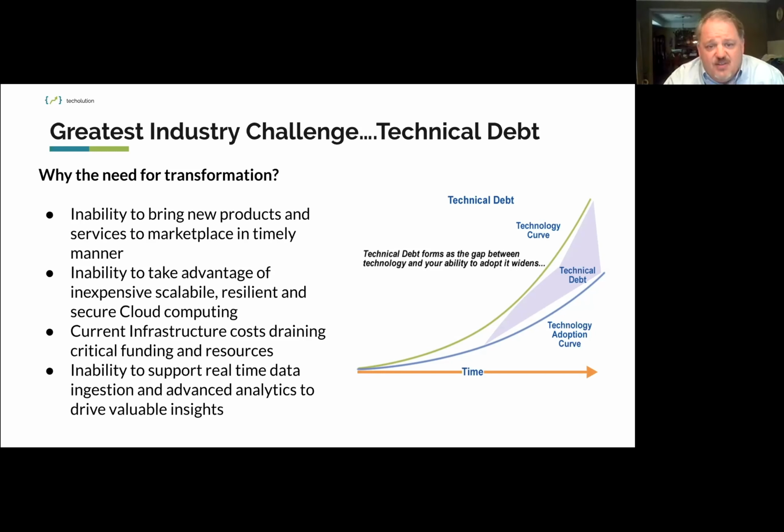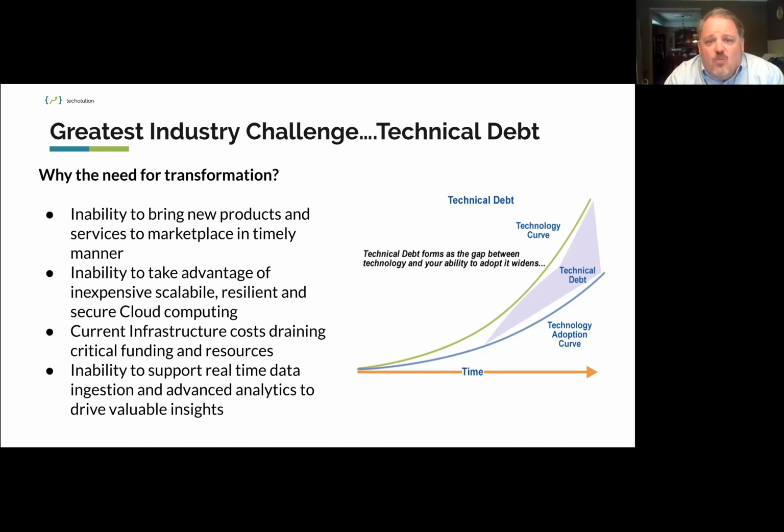It all depends how it's engineered. And then you have current infrastructure costs draining out your critical funding and your resources. And then, of course, once again, the inability to use your current infrastructure to run and support real-time data ingestion or advanced analytics.